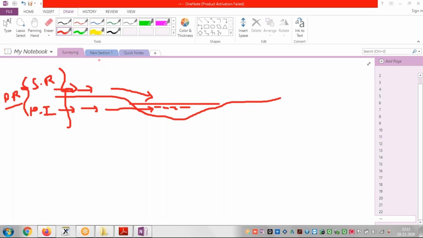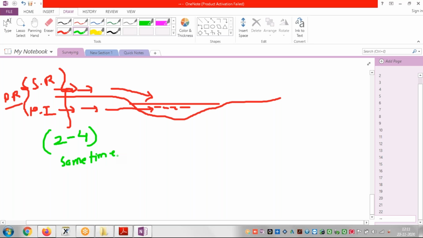Okay, very good. Now, what is the characteristic of this direct runoff? This direct runoff meets the river within 2 to 4 days, or within some time. But when we talk about the base flow, this base flow means water will flow and meet the river maybe after 1 year, maybe after 6 months, right?